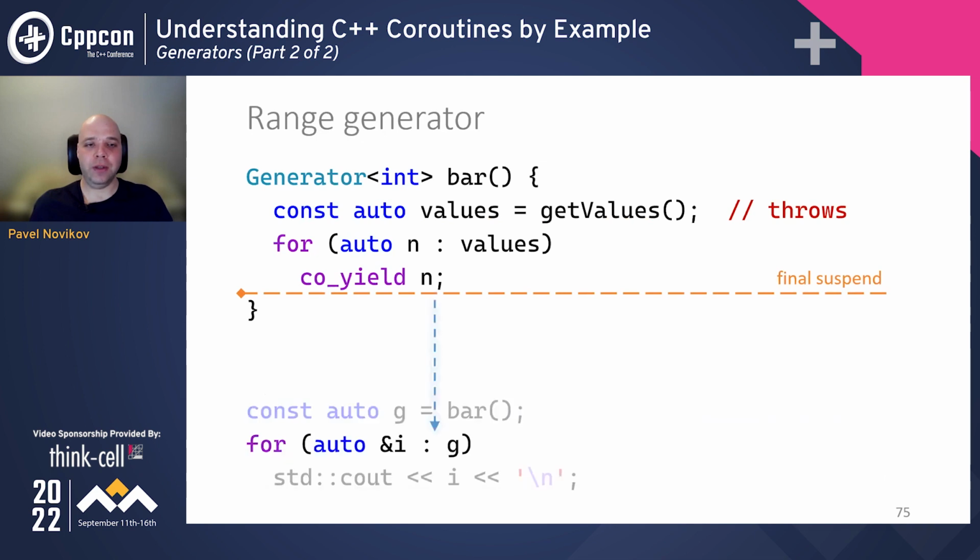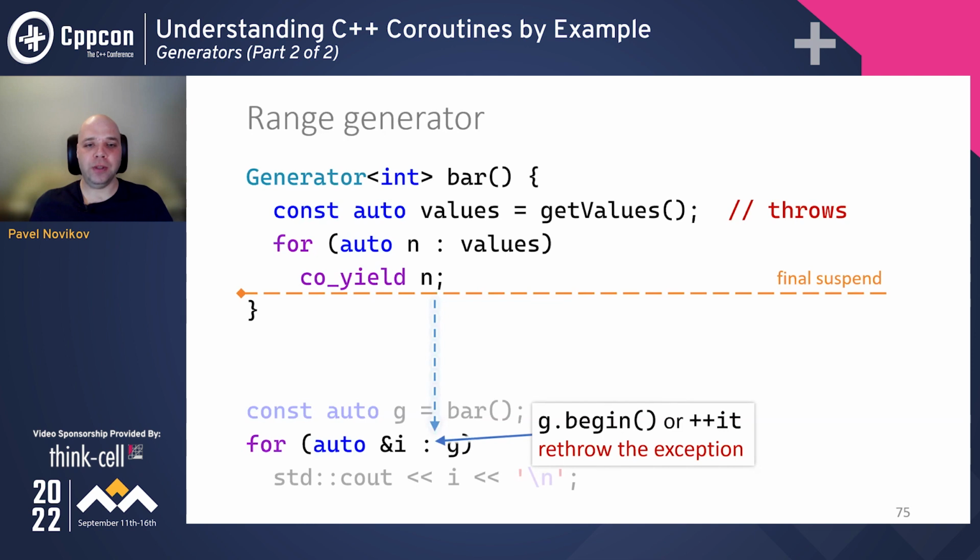After that, the control gets back to the outside code, and either the begin that we called, or the incrementation operation on the iterator that we called rethrows the stored exception.